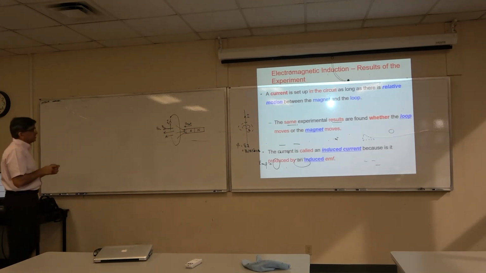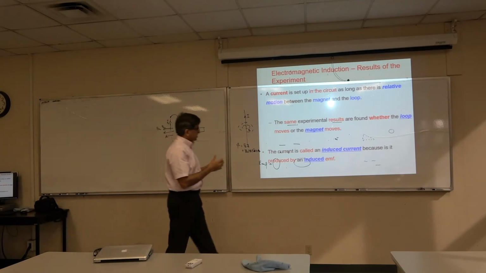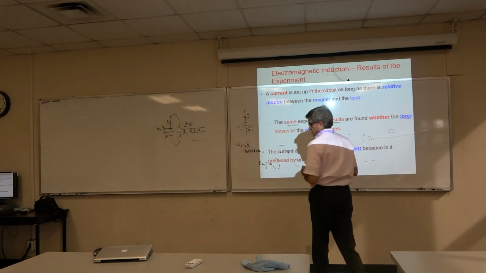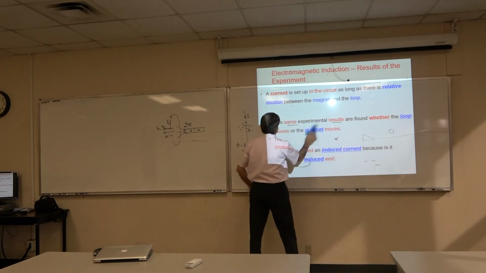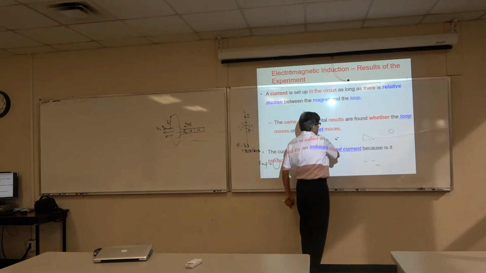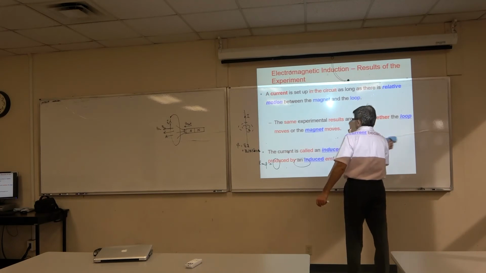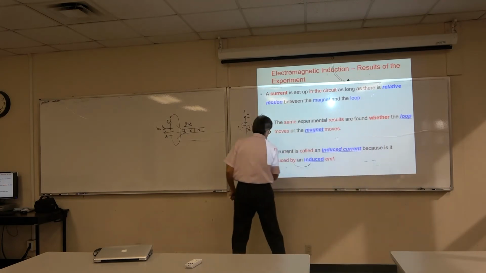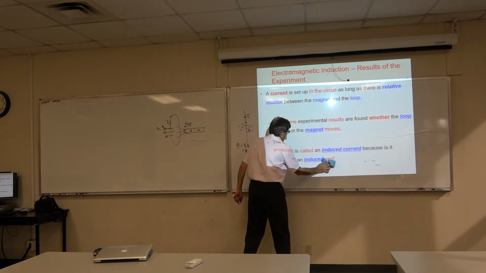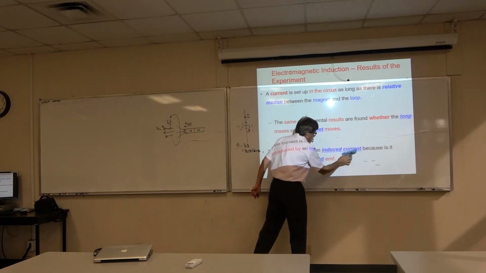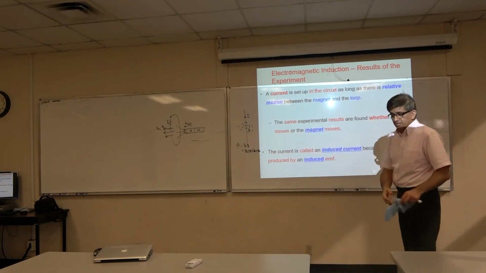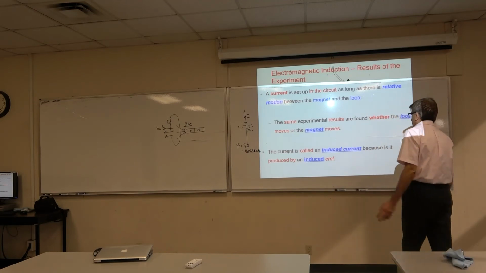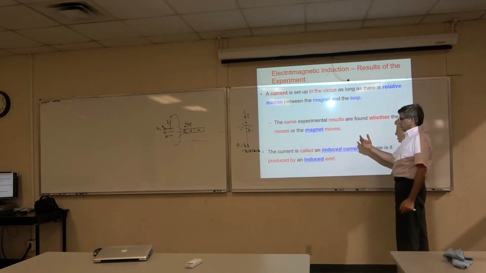Now, what is the result of this experiment? This experiment tells us some important results: a current is set up in the circuit that is relative to the motion of the magnet and the loop. Whether you move the loop or you move the magnet, you change the magnetic field lines, so the flux changes.